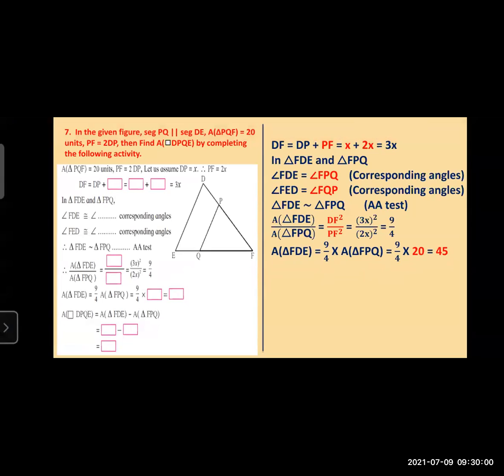Now area of triangle FDE is equal to 9 by 4 times area of triangle FPQ. Area of triangle FPQ is equal to 20. So multiplying, 9 by 4 into 20 is equal to 45. Then we want to find the area of quadrilateral DPQE.